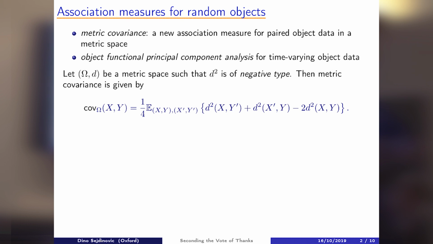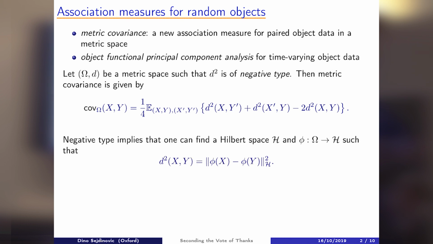So what is this notion of negative type? Well, that signifies that one can actually find a particular Hilbert space H and a mapping phi, which I will call feature map, going from our metric space to this Hilbert space, such that the square of the metric is just the square of the Hilbert metric.